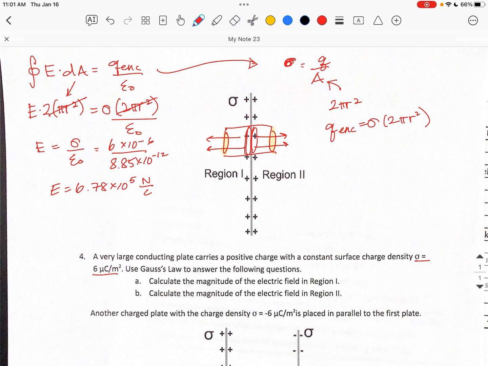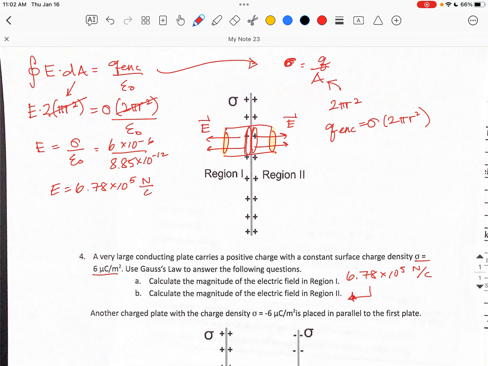And that is the electric field of this side and the electric field of this side. So they both have an electric field of 6.78 times 10 to the 5th. I can put that for both, and also the same for region 2.